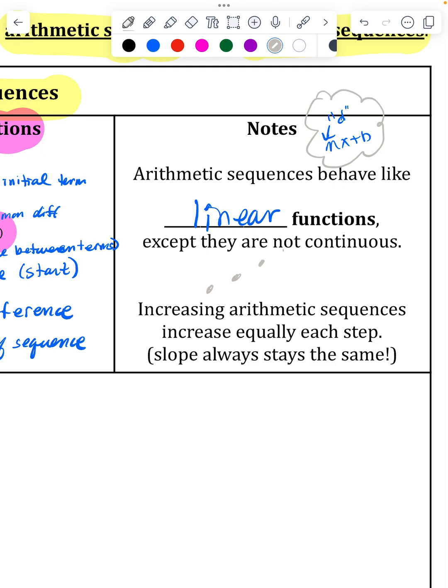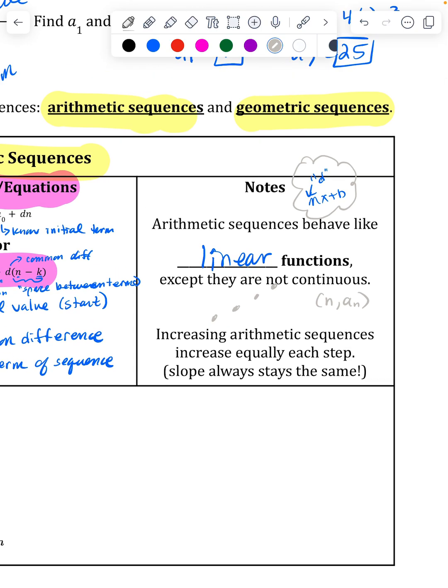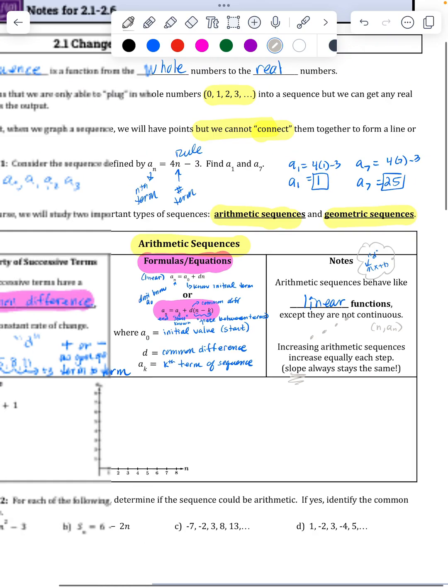You might have dots if you mapped out what you put in and what you got out. Like you put in your n and got out your a sub n, they might map out to look like a line, but you do not connect them because you're only plugging in whole numbers, so you don't have any values in between. Like it says here, increasing arithmetic sequences increase equally each step. All that's saying is that the slope would stay the same, you just don't connect them.